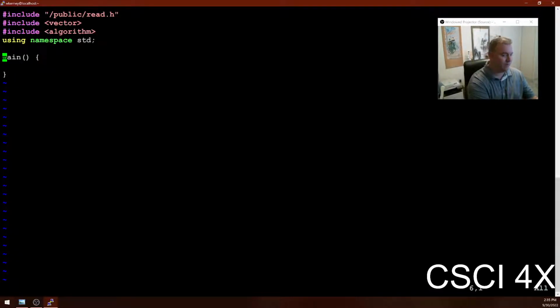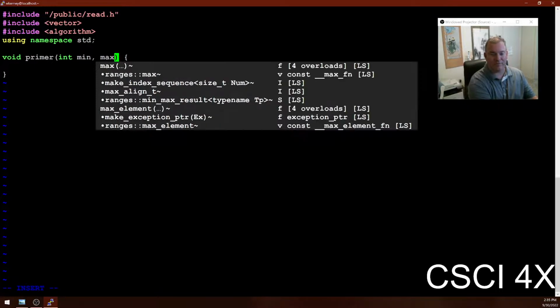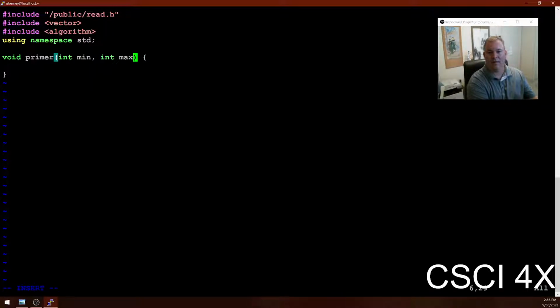You had to make a void function named like primer or something like that, that took in a minimum value and a maximum value, and it had to print all the numbers between min and max, along with if the number is prime or not.